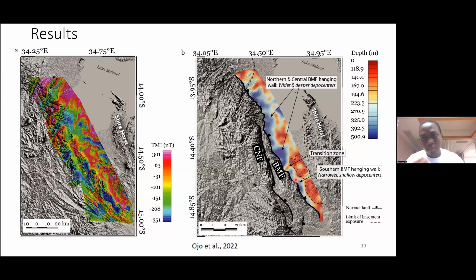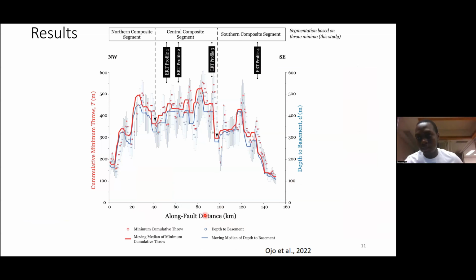And from that, we were able to generate another throw against length plot. We have the length of the fault on the horizontal axis, and in blue, we have the depth to magnetic basement. Then the cumulative minimum throw is just the addition of the subsurface and the surface component.